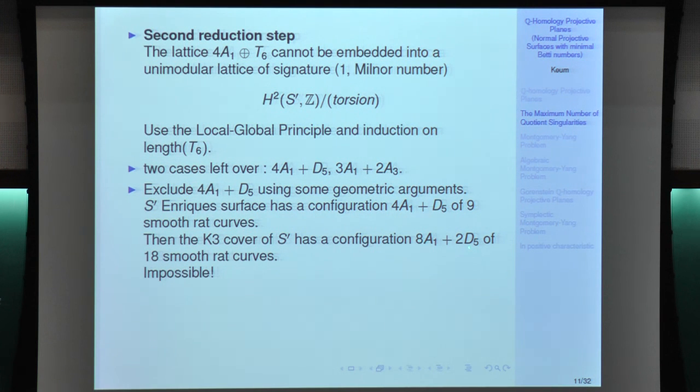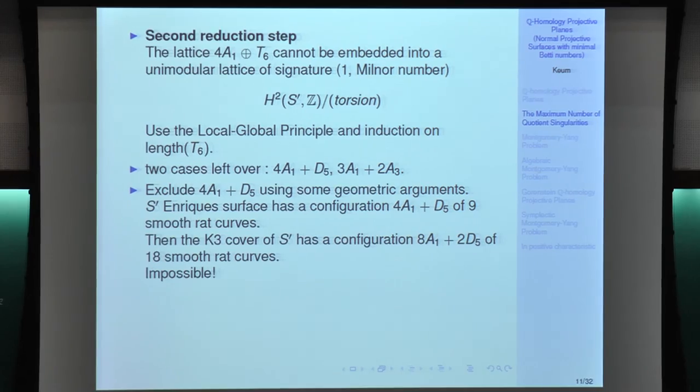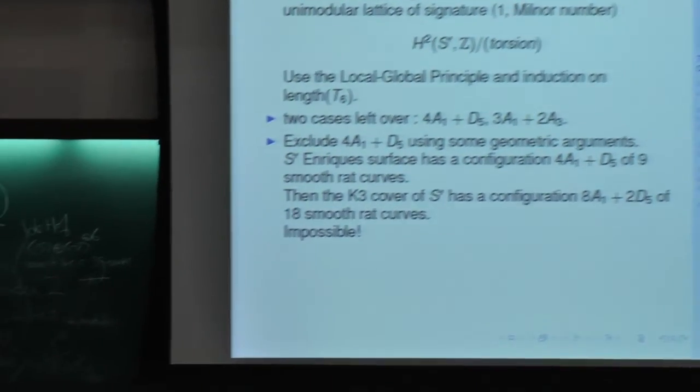So you have this. And then these 8 smooth rational curves are 2-divisible. So this is not always true for any given K3. So here S prime is an Enriques surface. On the K3, you have 4A1 plus D5, and 8A1 plus 2 copies of D5, I mean, 18 smooth rational curves forming this dual diagram.